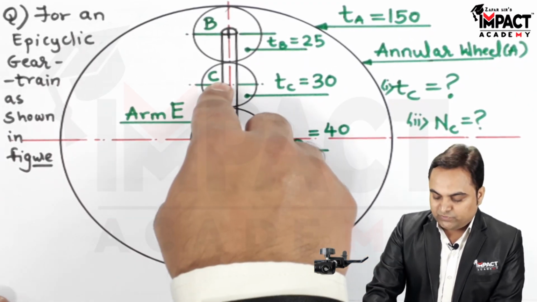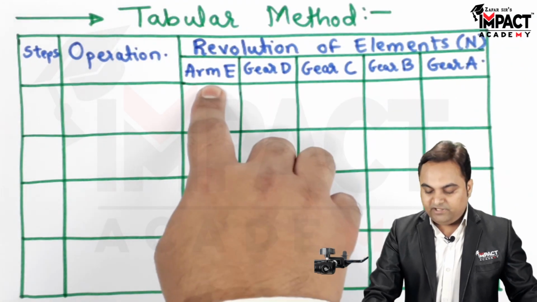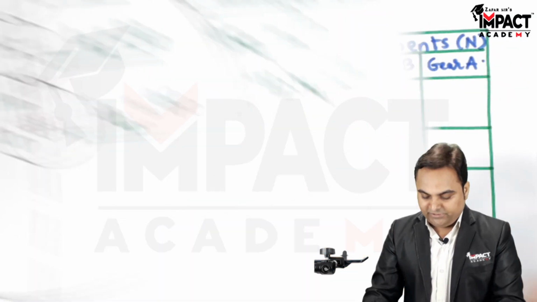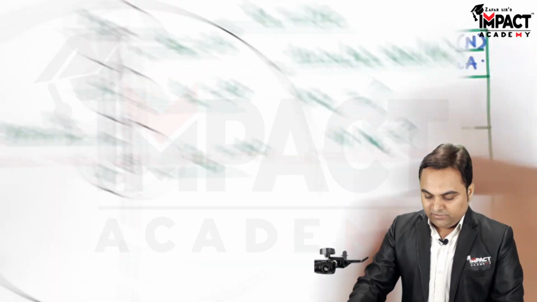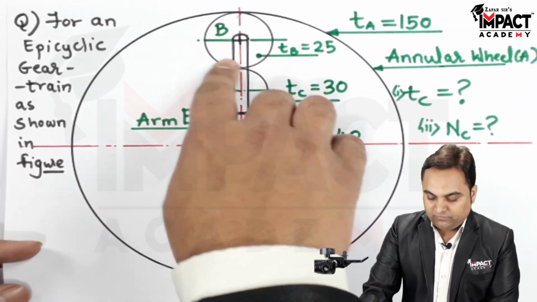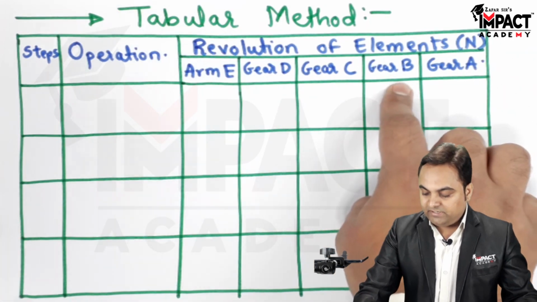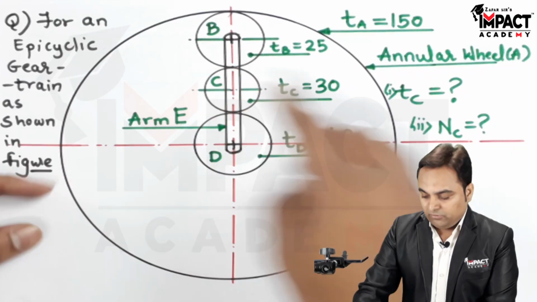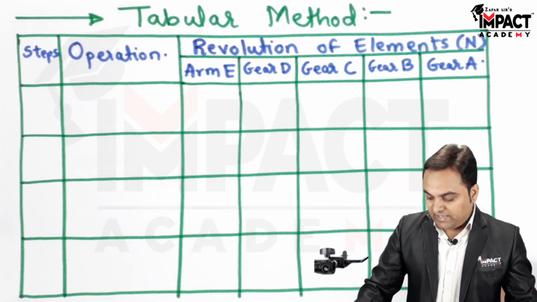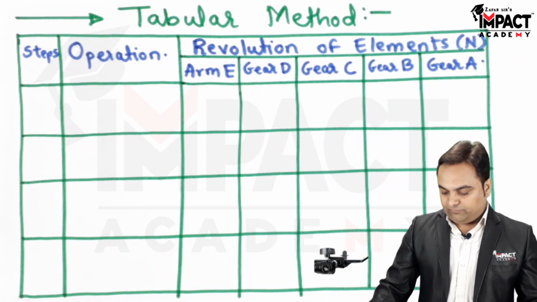D is in mesh with C, so the order is arm E is fixed, gear D would be rotated, D would be rotating gear C. Next there is gear C, which is in mesh with gear B, so it would be rotating gear B. Then at last the annular is rotated with the help of gear B, so we have gear A or annular at the last end of the column.